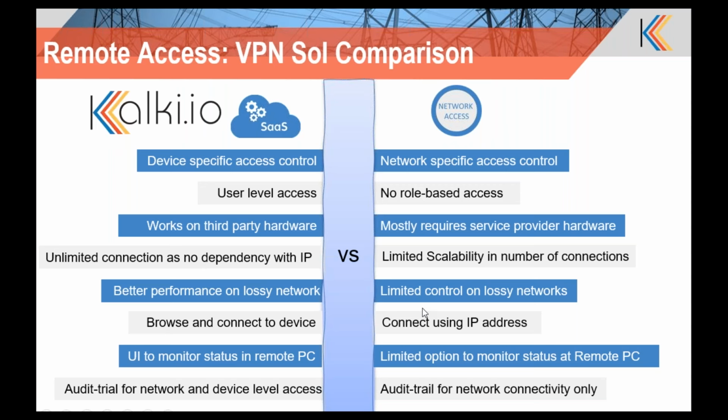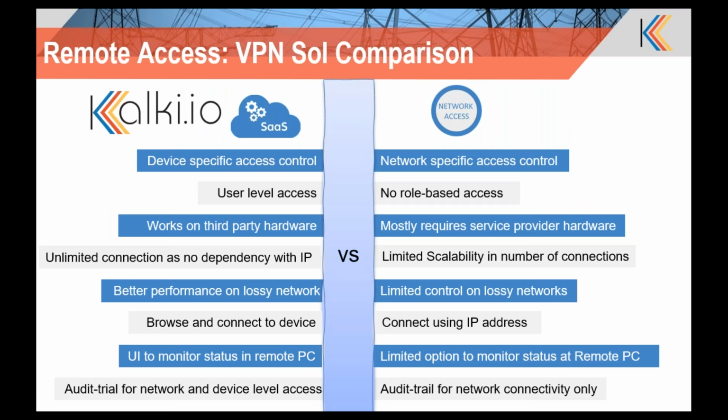And in a VPN, there's limited control on a lossy network. For example, if you are using a low power radio on the last mile, the VPN does not adapt the data payload as per the communication topology or communication technology adopted at the various entities in your network.